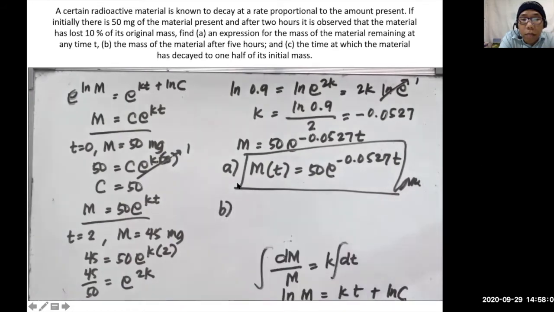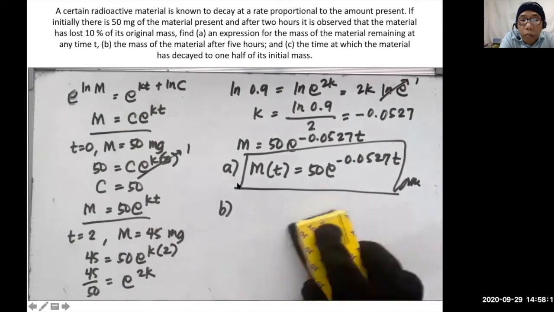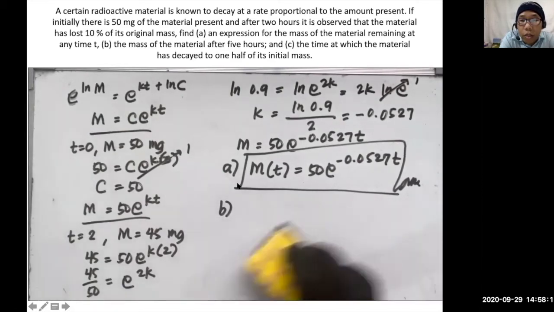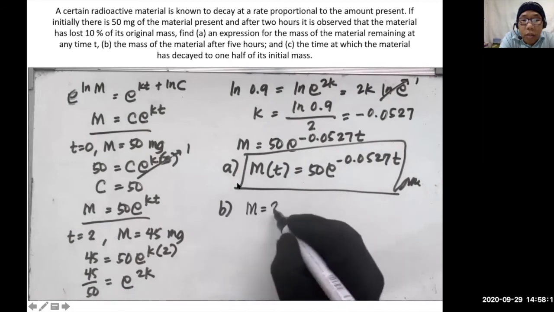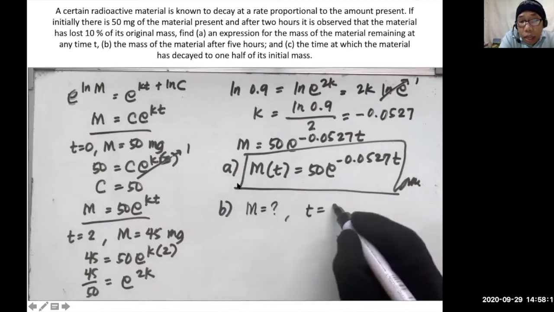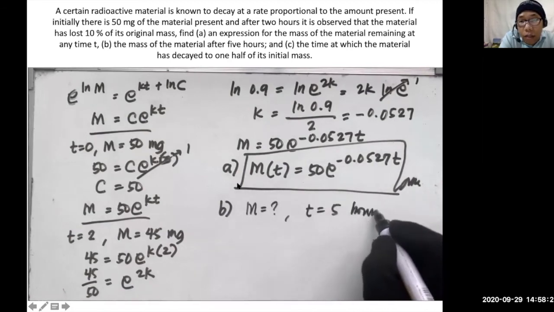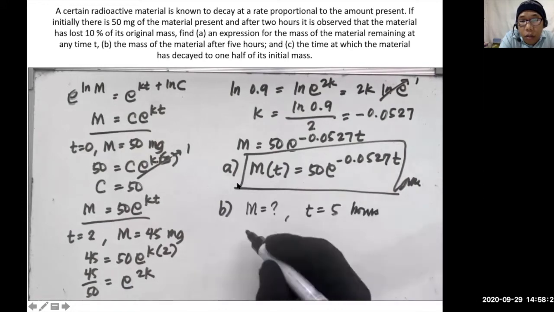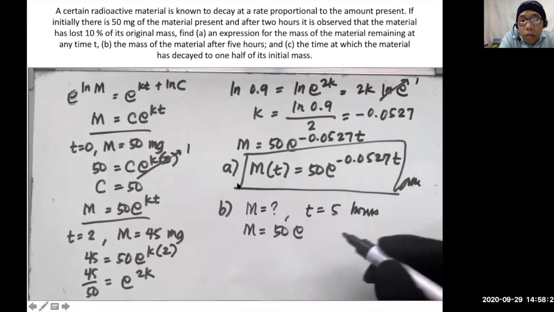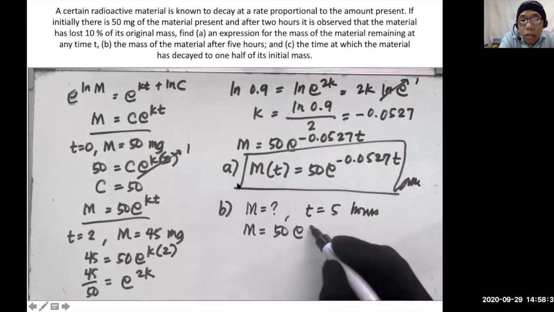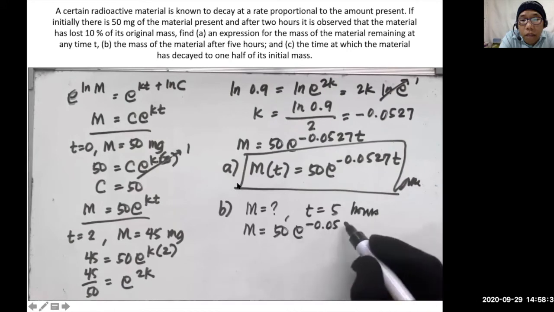Now letter B, we are asked to solve for the mass after 5 hours. Do you have any questions here? None. So we use the equation in letter A. We plug in that solution. So m is equal to 50 times e raised to minus 0.0527 times 5 hours.